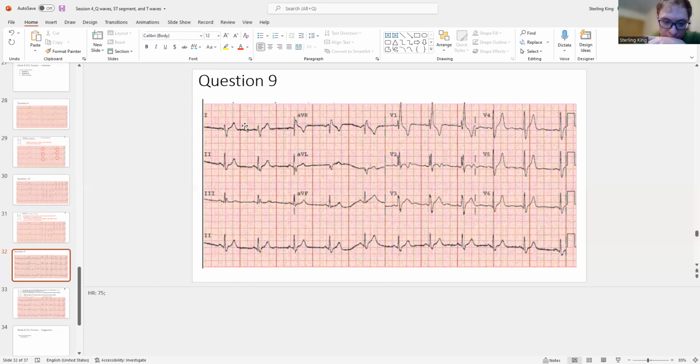Looking at lead 1, it's actually a right axis because 1 is kind of going down and AVL is definitely down. So right axis. Intervals, pretty good. The QRS looks normal, the QT is less than half, and PR wasn't too long.